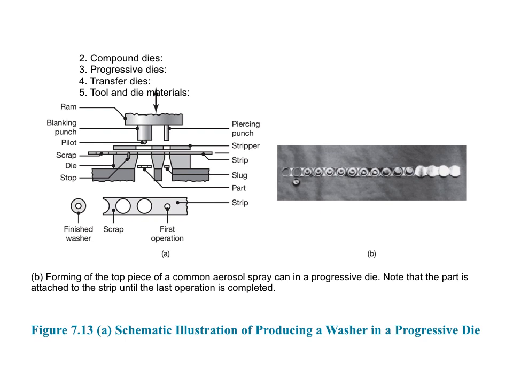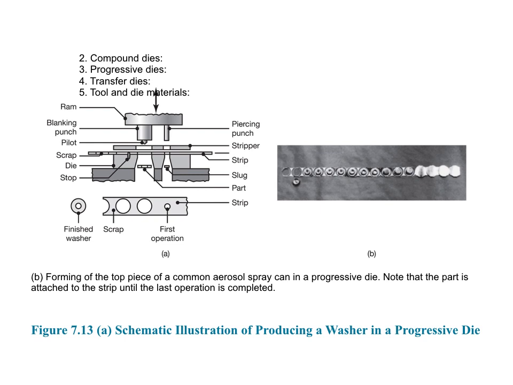Progressive dies. These parts require multiple operations such as punching, bending, blanking, and are made at high production rates using progressive dies. Remember our figure 7.13, we can see a progressive die. The first part of this shows you a washer being made.